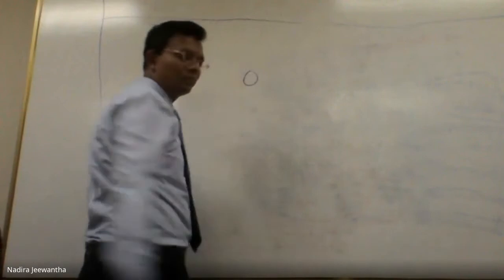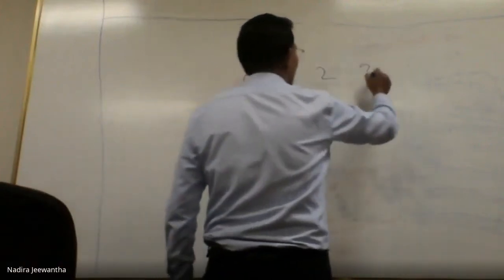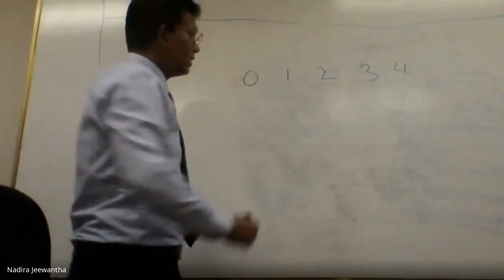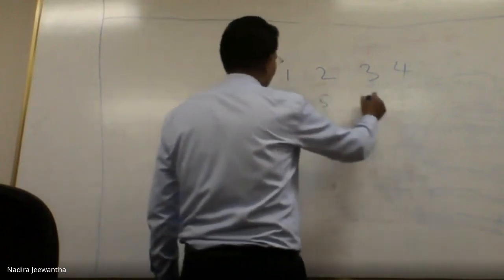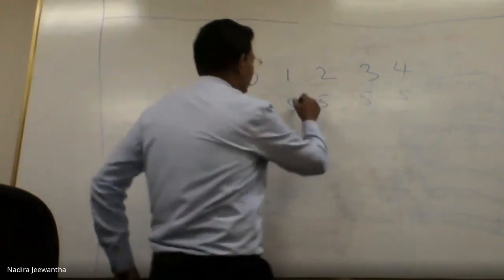Yes, 0, 1, 2, 3, 4. You have purchased a machine. It gives income. Example, 50 each year, example only, right?